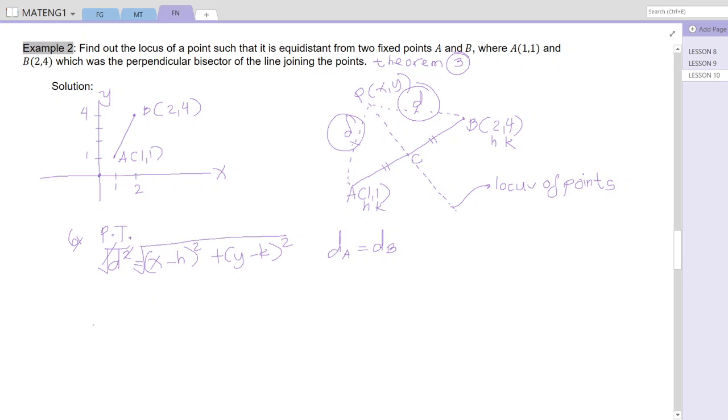Okay, so having that one, let us just rewrite, that is the square root of (x minus h) squared plus (y minus k) squared, and that is at point A, that is equal to the square root of (x minus h) squared plus (y minus k) squared, and that is at point B also.